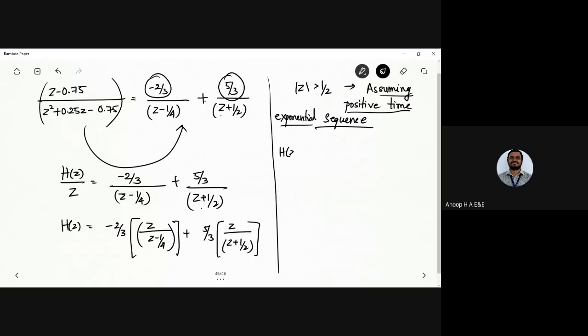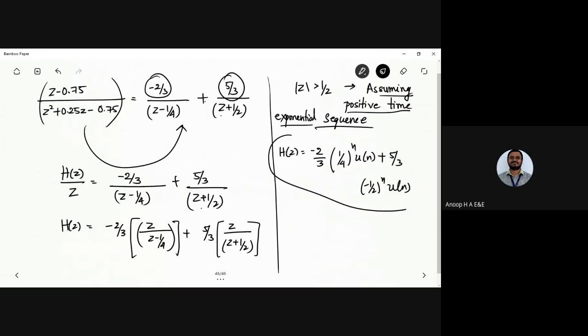So h of n would be minus 2 by 3, that is 1 by 4 power n u of n, plus 5 by 3, that is minus 1 by 2 power n u of n.